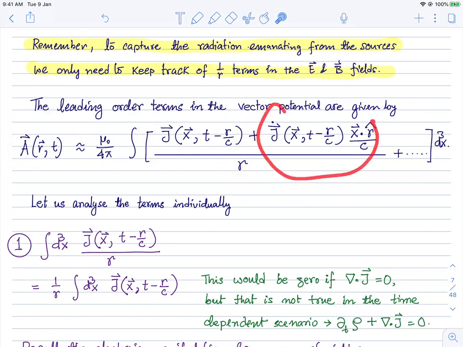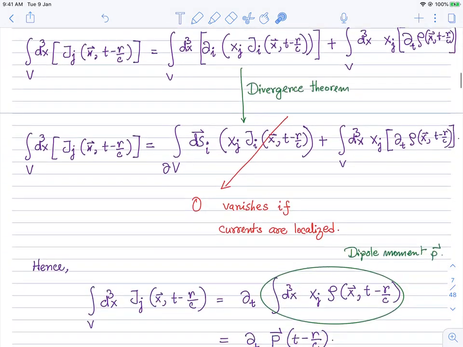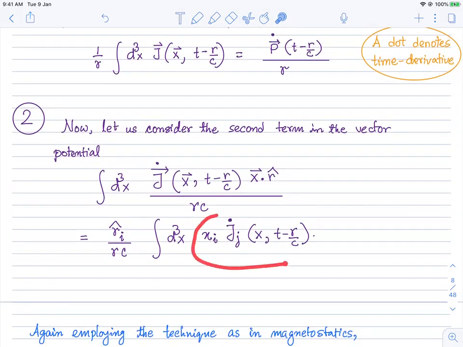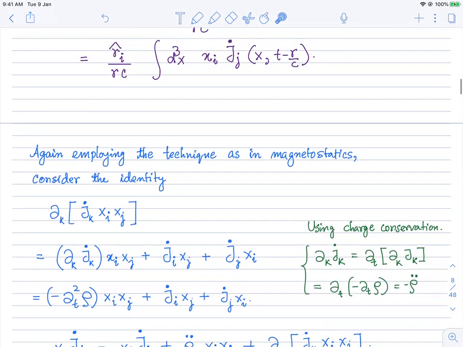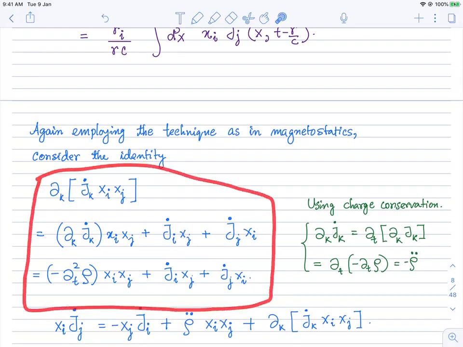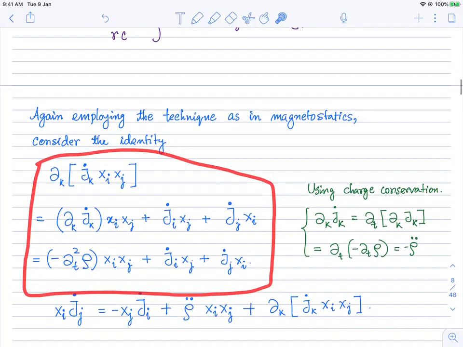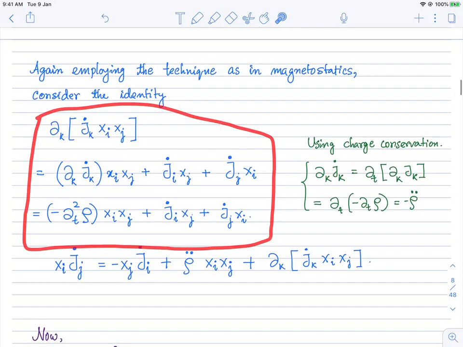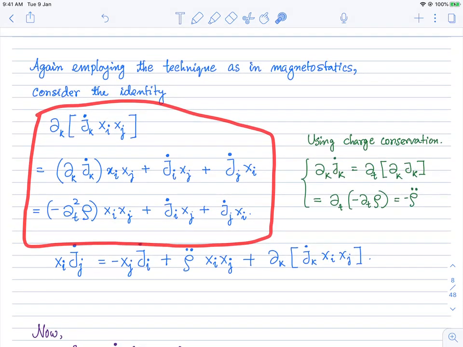Now let us see what the second term is. If we analyze the second term, it can be written down like this in component notation, where this i index is contracted with this i index here. Again we use an identity very similar to what we did for the case of magnetostatics, but we have to be careful again that the divergence of J is not 0.